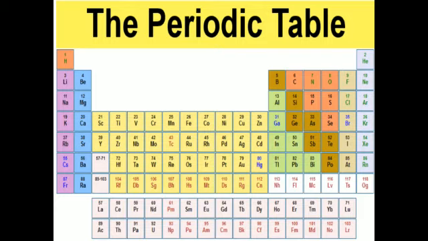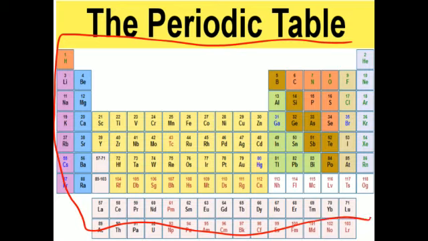The periodic table is the tabular arrangement of all the known elements. How many elements are known yet? In the beginning of the 20th century, 118 elements were discovered, out of which 92 are naturally occurring.